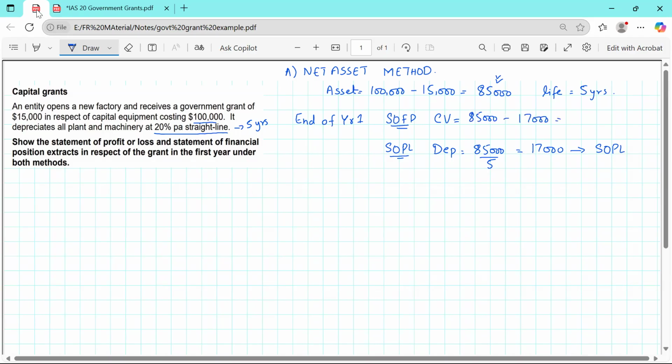So the asset will be recorded at 68,000. Okay. That is the first adjustment that you do. Is this part clear? Yeah. So that is according to the net asset method. The asset would be recorded as 68,000, and 17,000 is what you will take to the statement of profit or loss.